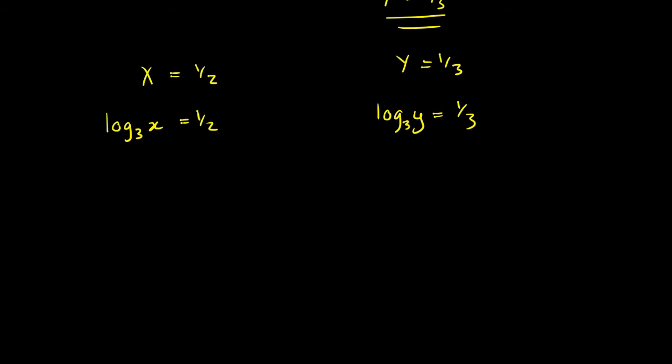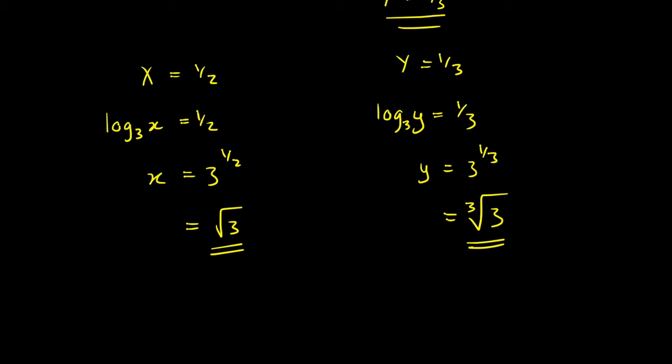Well, my base is 3, my power is a half, so x is equal to 3 to the power of a half, and the power of a half is the square root, so that's the square root of 3. On this side, my base is 3 and my power is a third, and the power of a third is the cube root. So our two answers are the square root of 3 for x and the cube root of 3 for y. Let me just check that in the book. Yep, that's the right answer.